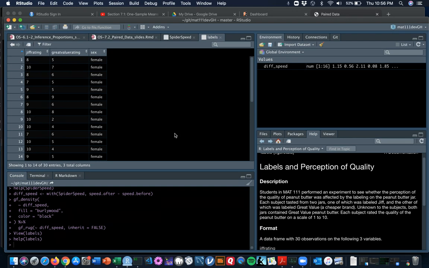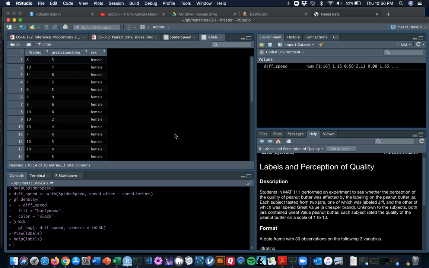set records the results of a kind of interesting experiment that was actually performed at Georgetown College by a couple of students on 30 of their friends. What they wanted to do was to see whether people's perception of the quality of peanut butter was affected by the labeling on the peanut butter jar, as opposed to just how the peanut butter actually tastes.